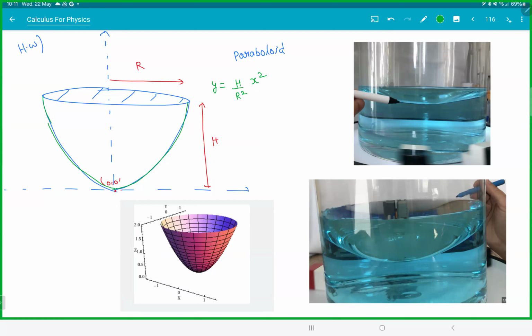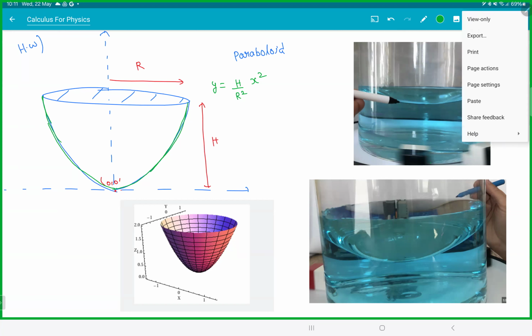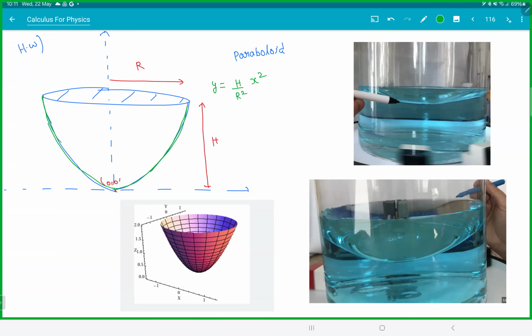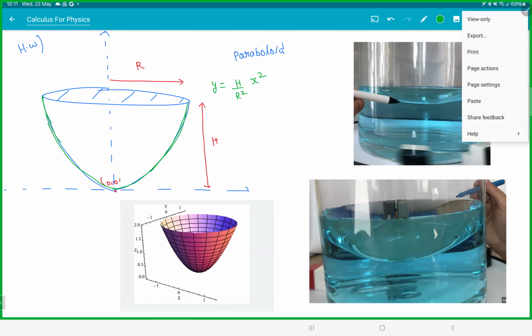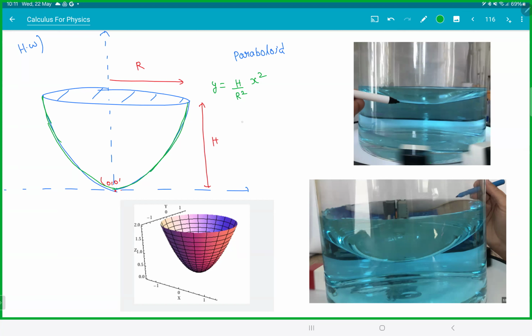That is the equation of this paraboloid. This is the relation between y and x. So I want you to find the volume of this paraboloid. Try this as homework. Next class we'll discuss this.